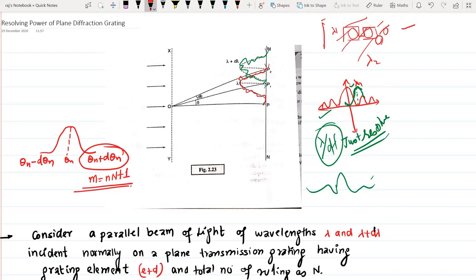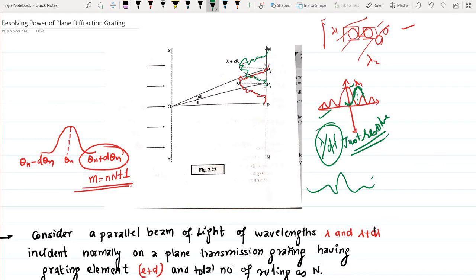That is explained with the help of Rayleigh's criterion. Rayleigh's criterion says that whenever we have a principal maxima of one light, the other wavelength will have its first minima there. As you can see in this diagram, suppose the red one is the first wave. Here we have our principal maxima and here we have the first minima of the other wave.